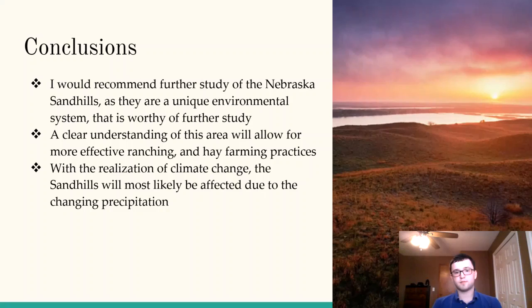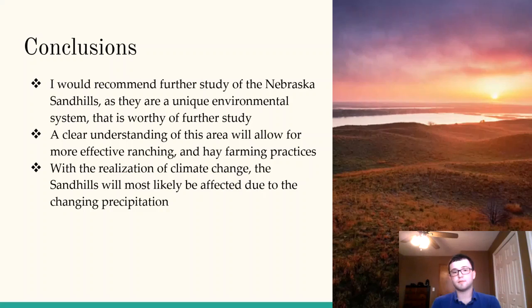With the realization of climate change, the Sandhills will most likely be affected due to changing precipitation. So we can kind of already see that, because climate change will most likely have an effect on precipitation, that this area specifically will be affected more than, say, Omaha or anywhere else in Nebraska.